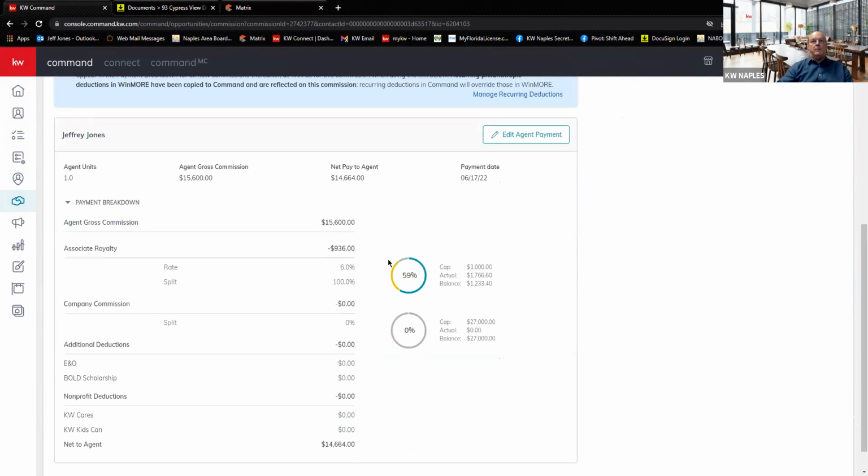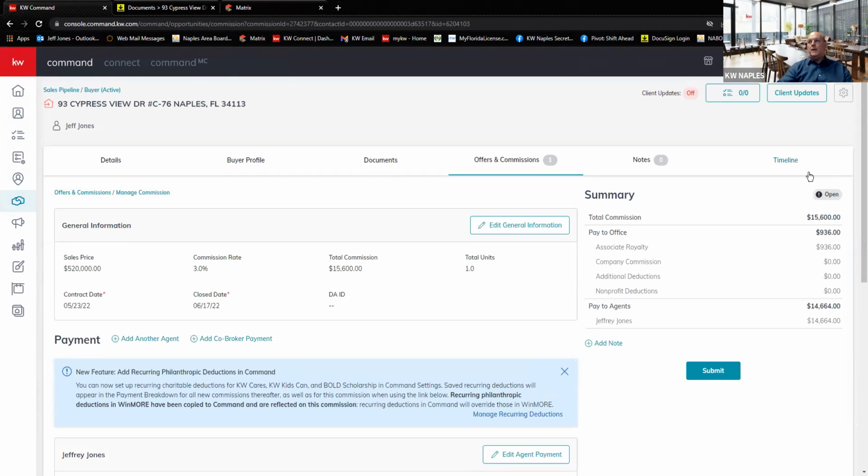So that will put in based on your split and everything. It will automatically calculate what you owe, right? And then there's your commission. And all I have to do is hit submit. Now that's submitted for consideration of a DA. Once that's submitted and the documents go to compliance and get approved, then they'll issue your DA and put it right into your contract file.